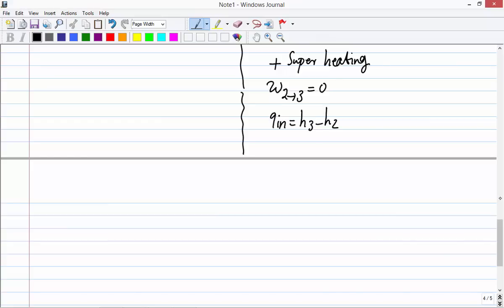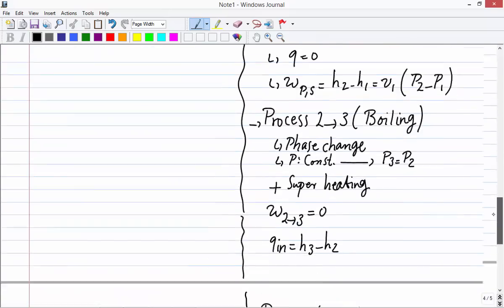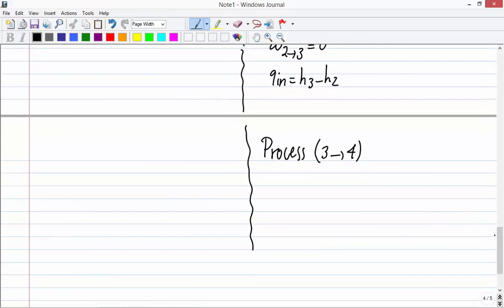And the last one, just to complete the cycle, is the process from point 3 to point 4. Point 3 to point 4 happens in the turbine, and that's going to be an isentropic process, we assume. If it's not, then I'll show you in the example.